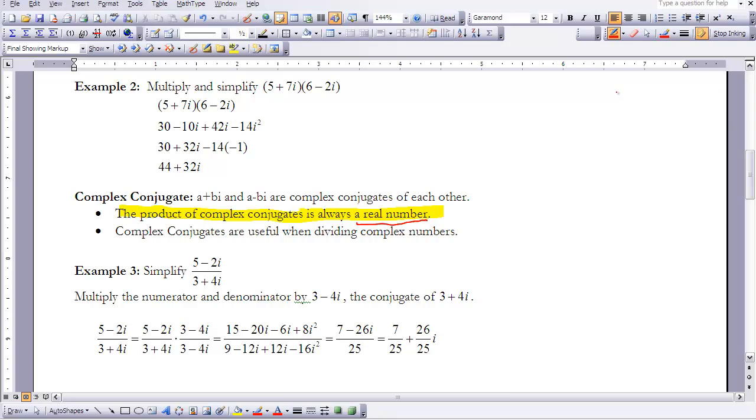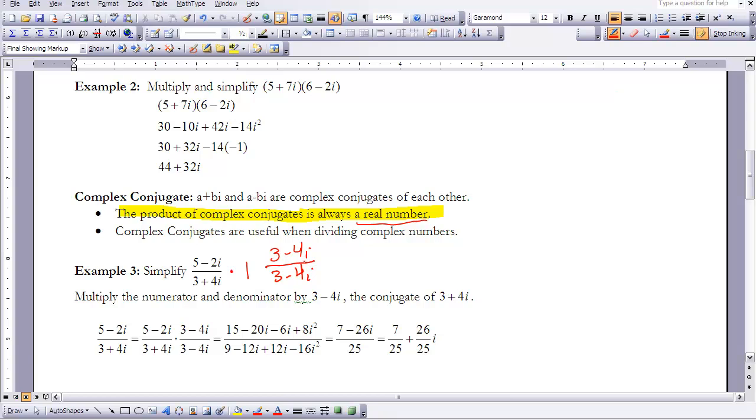So if I'm strategic in multiplying, if I know that I can multiply by 1 and it doesn't change my value, because that's the multiplicative identity. So if I multiply by something that looks like a 1, 3 minus 4i over 3 minus 4i, I'm not changing the value, I'm just going to change its appearance.